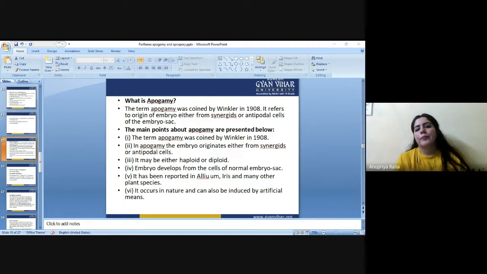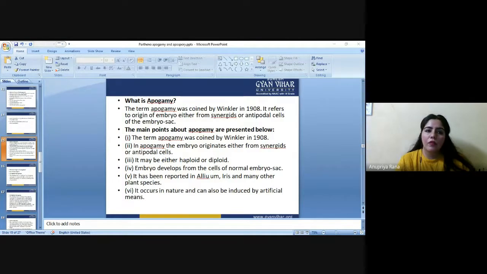So apogamy. Winkler founded it in 1908 as a modern concept in comparison to parthenogenesis. It refers to the origin of the embryo either from the synergid or the antipodal cell. I already told you about that, that different cells are involved in making the embryo. In parthenogenesis, the embryo is formed from the egg cell.